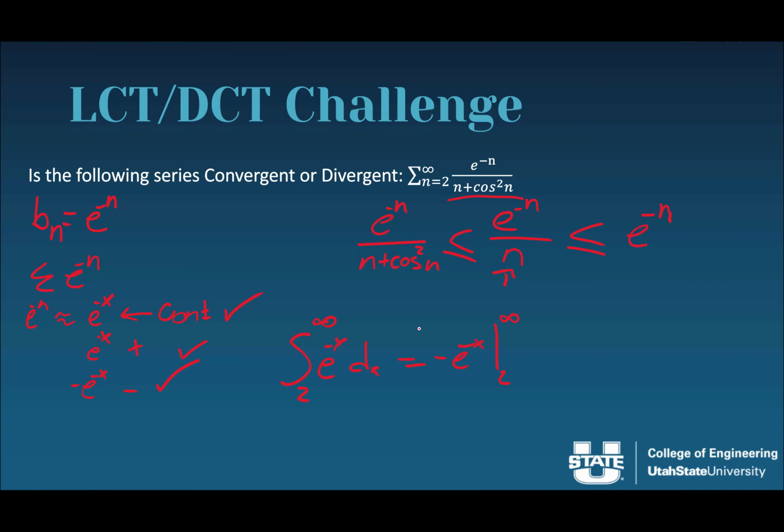As I put infinity into this e to the negative x function, what is that approximately equal to? 0, nada, okay? So that means this is going to be 0 minus negative e to the negative 2, which is just like some number.